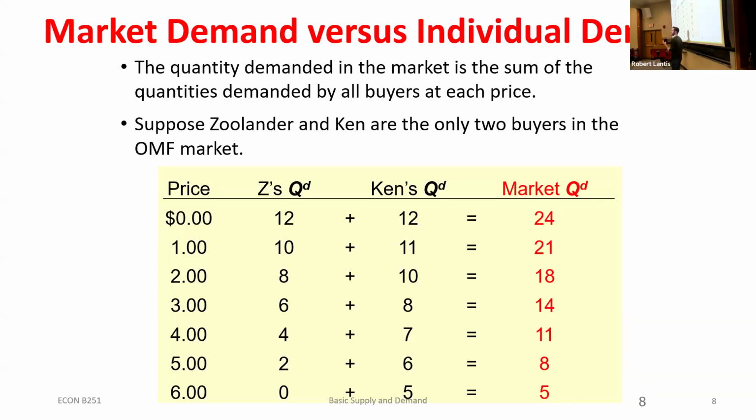What's the marginal benefit to Ken of that same 8th drink? Ken is willing to buy that 8th drink when the price is $3. So Ken's marginal benefit for that same 8th drink is $3, higher than Zoolander's. In fact, at every single price, Ken is willing to buy more, so he must have a higher marginal benefit for this product.